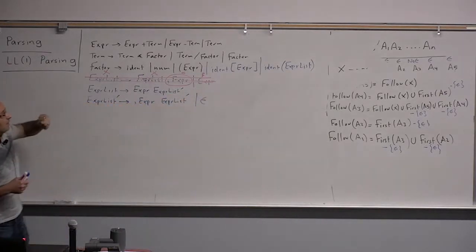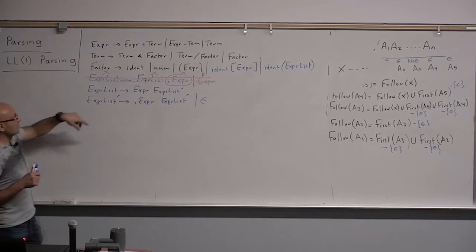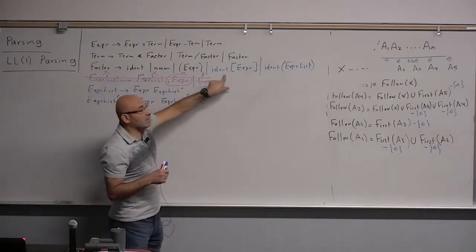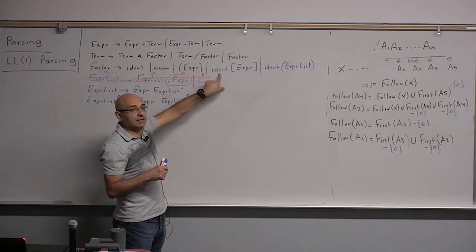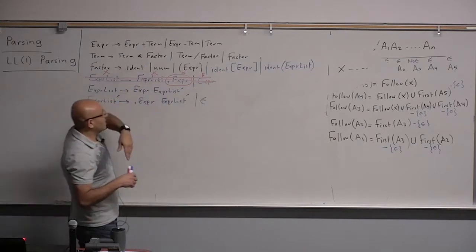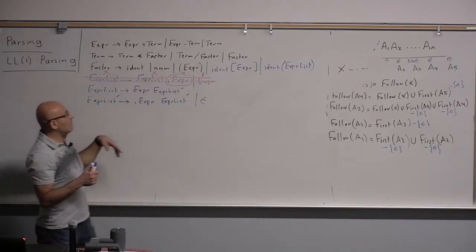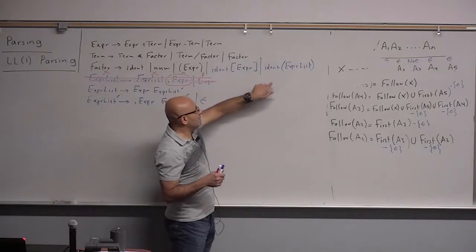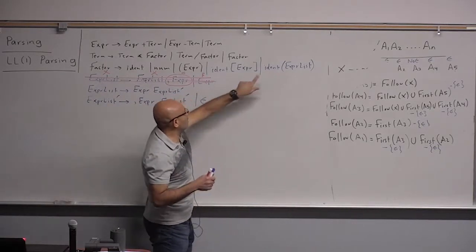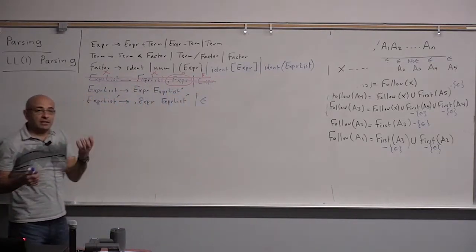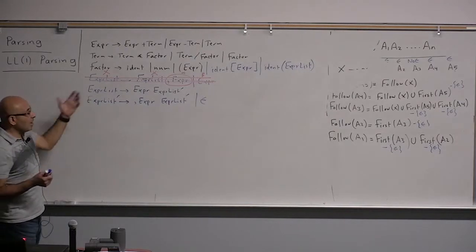So the identifier is common. If you compute the intersection of this alternative and this alternative, it will have identifier in it. And if you compute the intersection of any pair of these three alternatives, 1, 2, 3, you will have an identifier in it. So there is an obvious intersection.